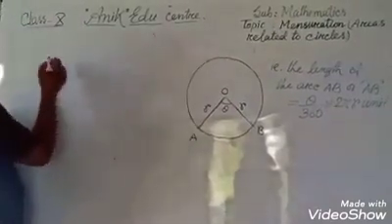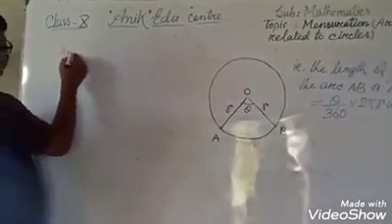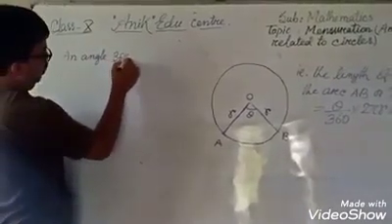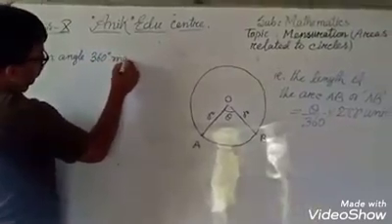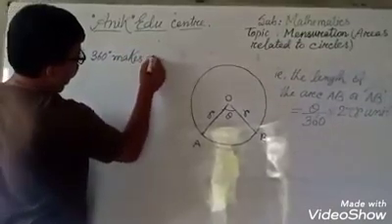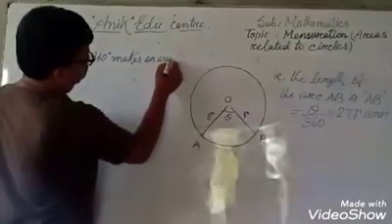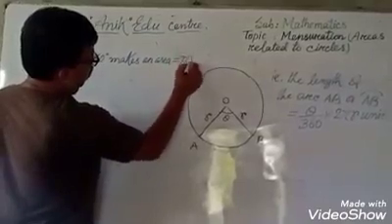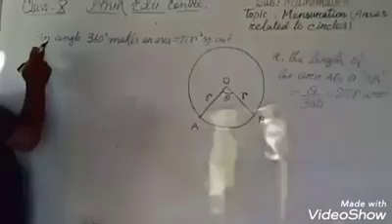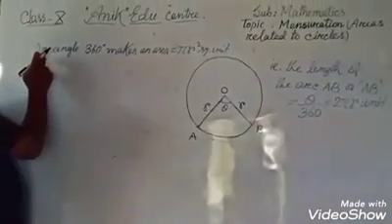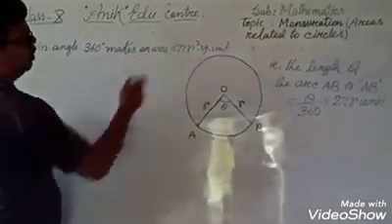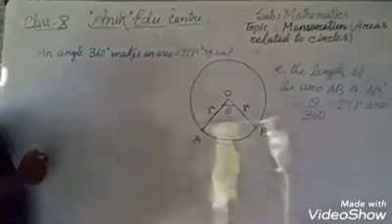In this case, we can write: an angle of 360 degrees makes an area equal to pi r square unit.